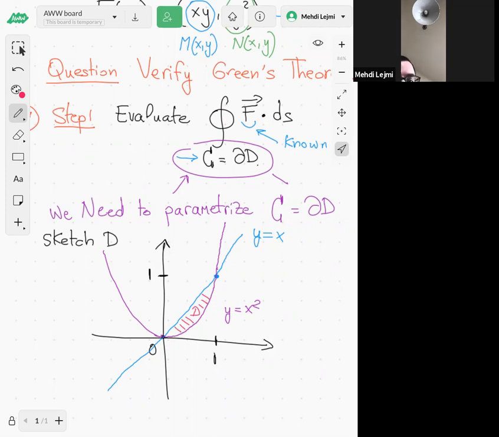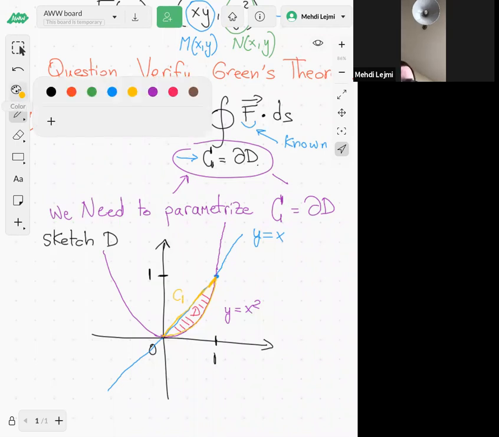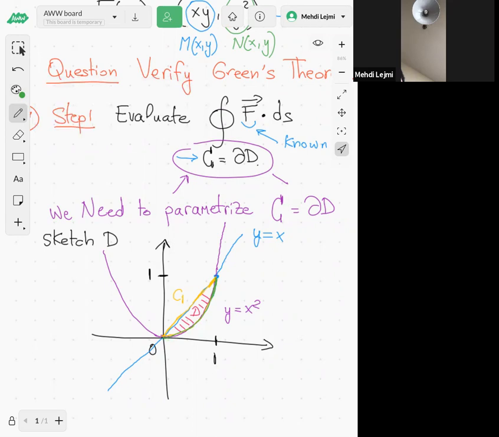The boundary is this line segment here, which we call C1, and the parabola portion here, which we call C2.